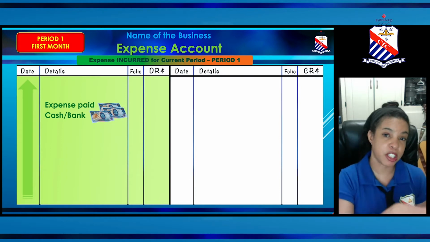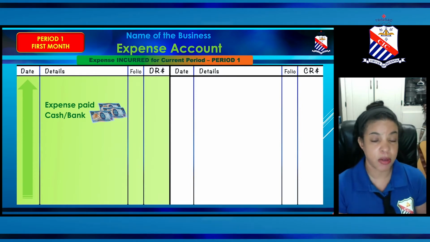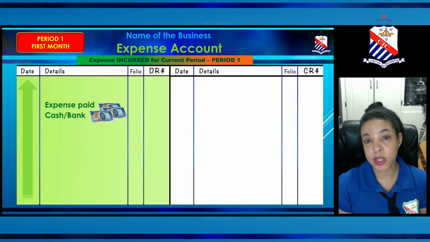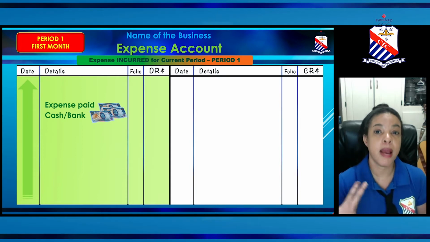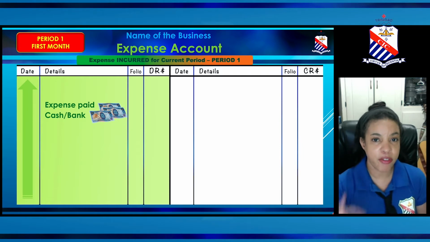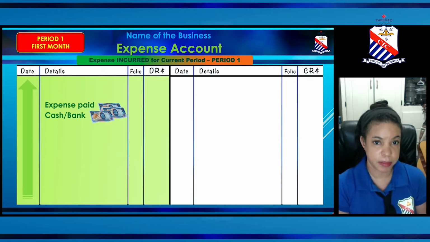You would have the particular date that you made the payment and then the amount. If you paid by cash, the detail will be cash. If you paid by check, the detail will be bank. But every single time, emphasizing, every time you pay an expense, that is considered an increase in the expense that is recorded on the debit side of the expense account according to the double entry rules.